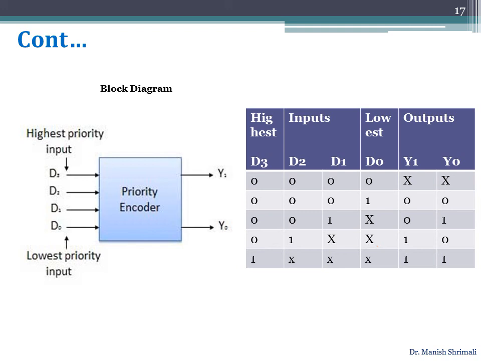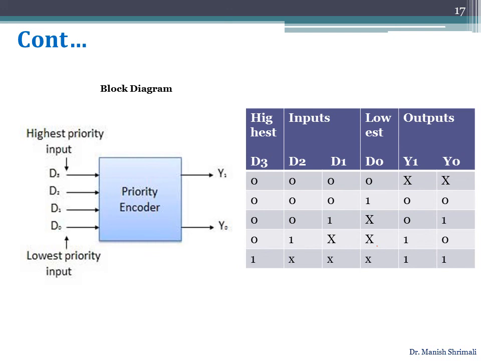And when D3 is 0 and D2 is 1, it doesn't matter what the inputs of D1 and D0 are, so we have put a cross over here. In such a case, Y1 is 1 and Y0 is 0. So this is what we had discussed in our previous slide.